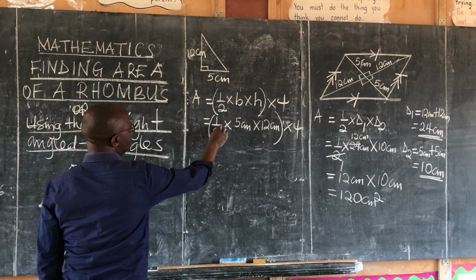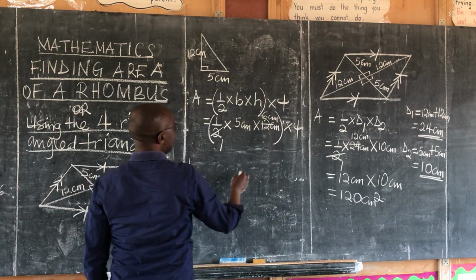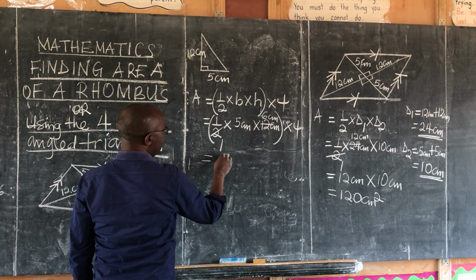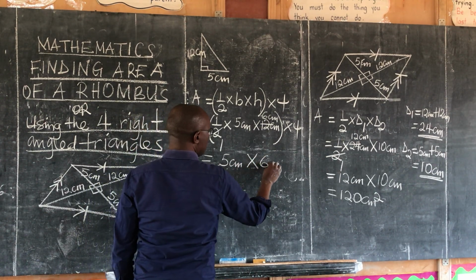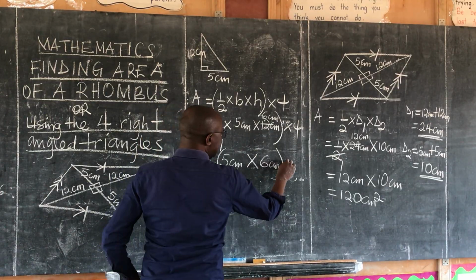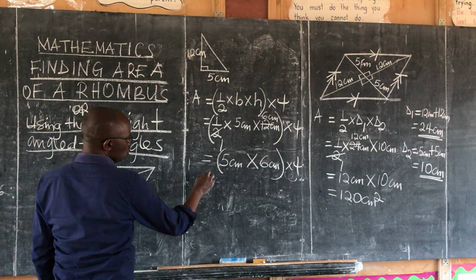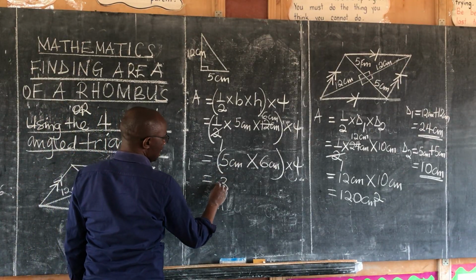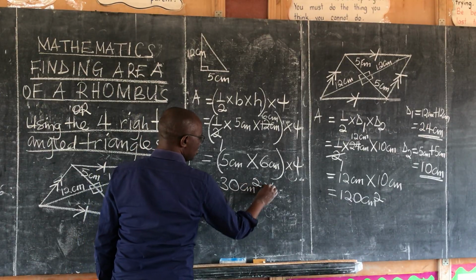So a half of 12 is 6 centimeters. So I end up with 5 centimeters times 6 centimeters. There I'm getting the area of one triangle. Times 4 because the triangles are 4. So 5 times 6 is 30, cm times cm is cm squared, times 4.